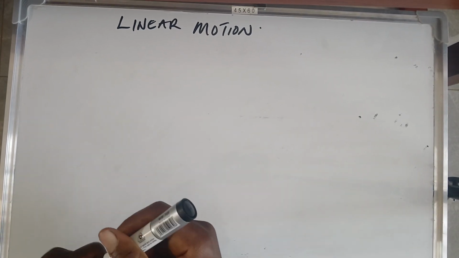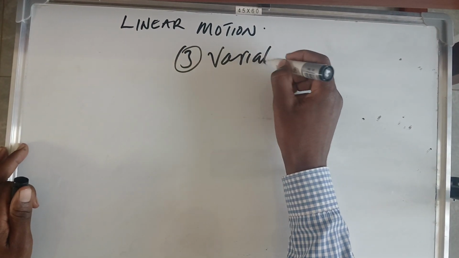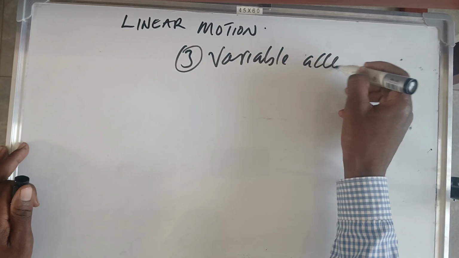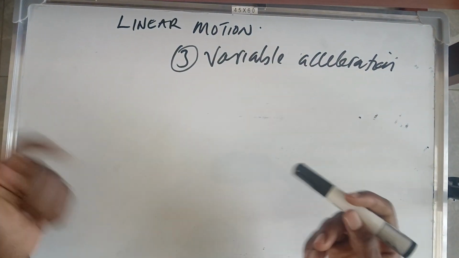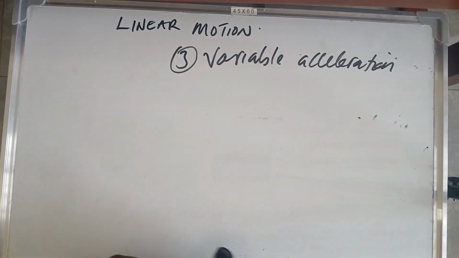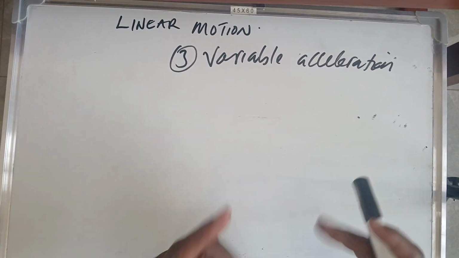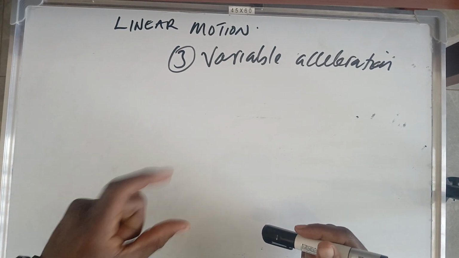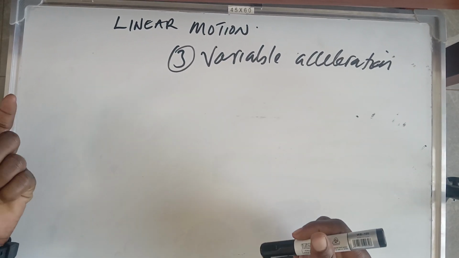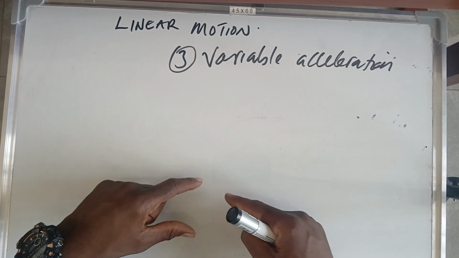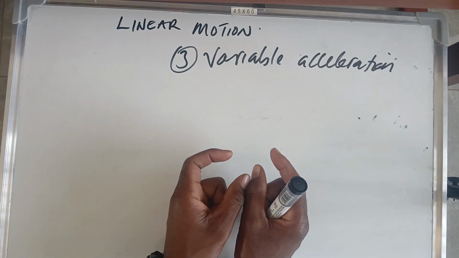After uniform acceleration, we have got variable acceleration. Now, variable acceleration is simply the opposite of uniform acceleration. In short, how velocity is changing is not equal in magnitude with how time is changing. So you find that velocity is changing in a bigger moment, time is changing in a shorter moment.